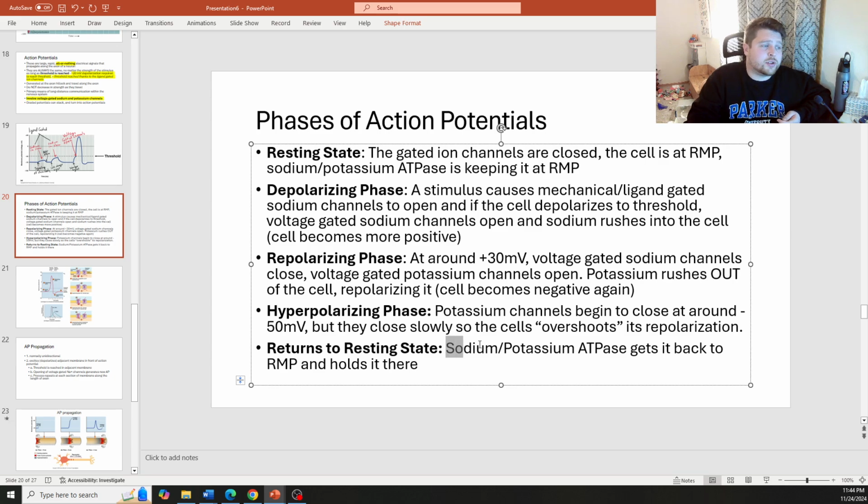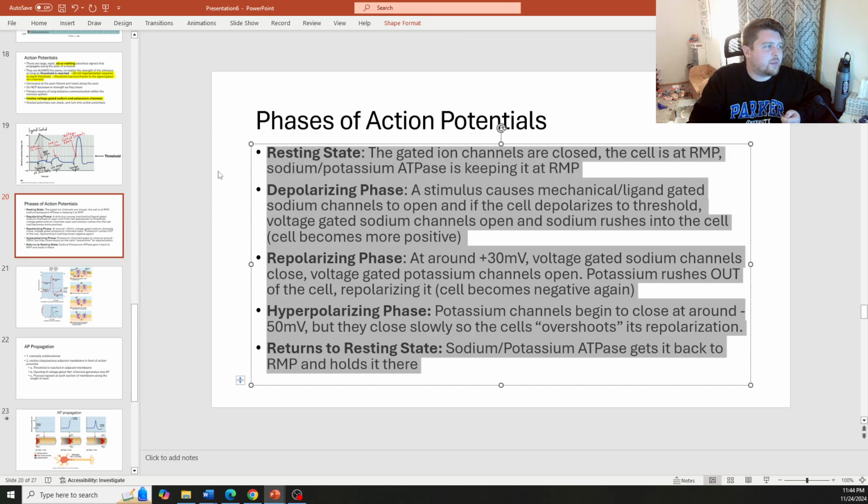And then our good old sodium-potassium ATPase is going to restore it back to resting membrane potential and then maintain it there. So way back, this is what I was talking about when it says it restores resting membrane potential as well as maintains resting membrane potential.